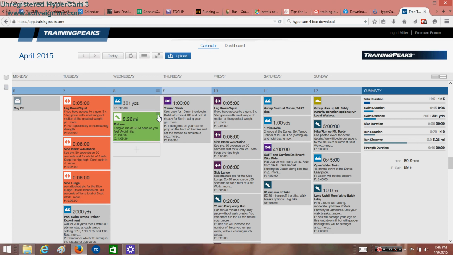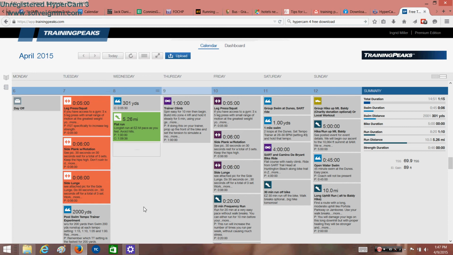If I write a workout for you, it has a title and it has some instructions. So you can pretty much look at this and go, okay, there's data for a swim. There's data for a run. I've got these strength moves that didn't get recorded. Because they didn't get recorded, there's no data for that. It's a red, like you didn't comply with that, which is no big deal.